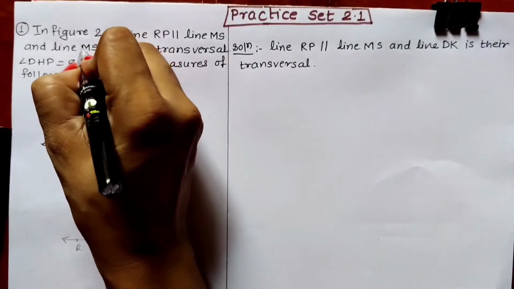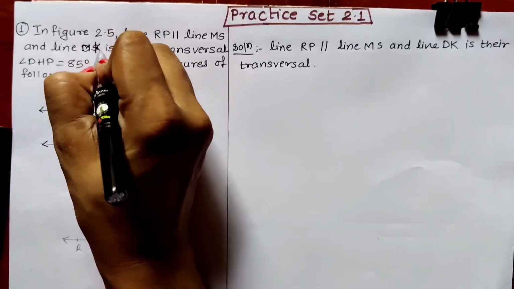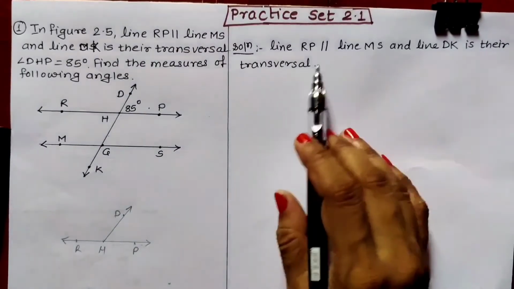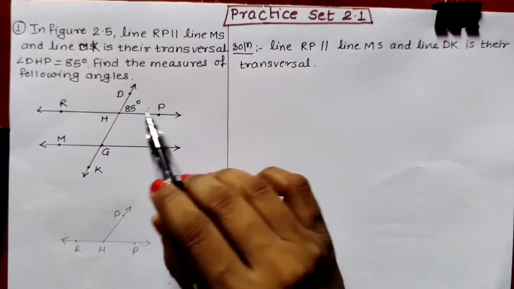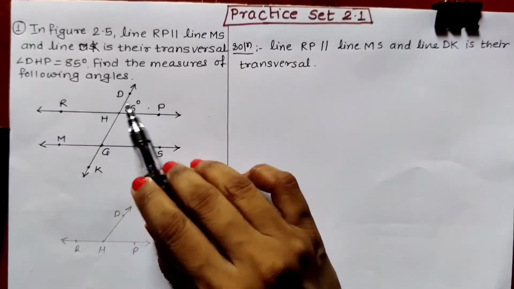Okay, here DK should be there. Line DK is the transversal. So this is given to us, and now we will write the proof or the solution for this sum.